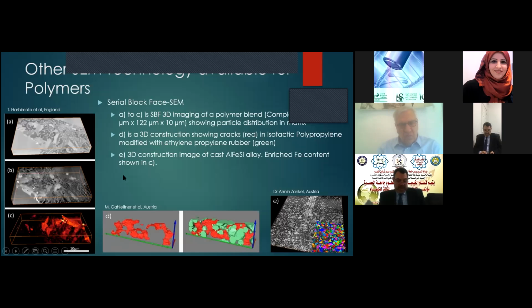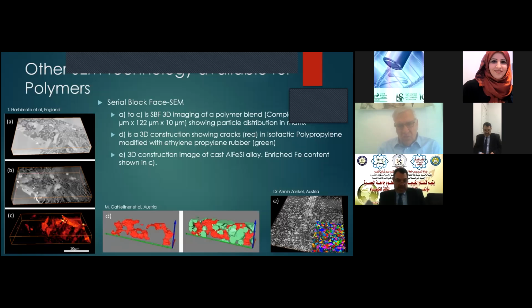And then you've got D, which is a 3D construction showing cracks. The red is the cracks. And this is in isotactic polypropylene that's modified with ethylene propylene rubber. So the rubber is in green. So that's a very great way of seeing the cracks and how they are distributed in the polypropylene.